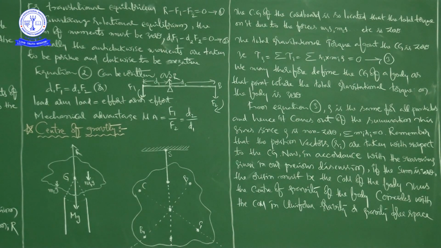Okay, right. So just now I told you what is meant by center of gravity. Center of gravity is an imaginary point where the total weight of an object is supposed to concentrate. And not only this one, even in our class you seem to play with the exam pad, right?